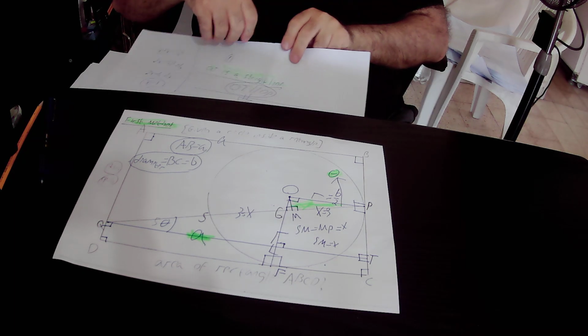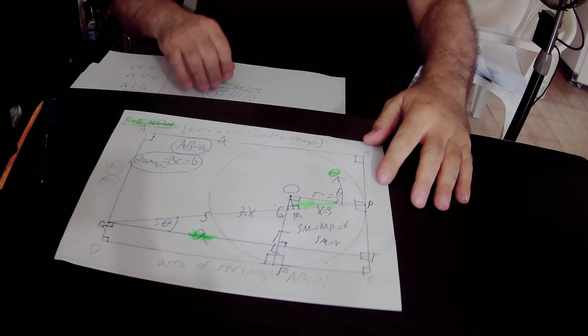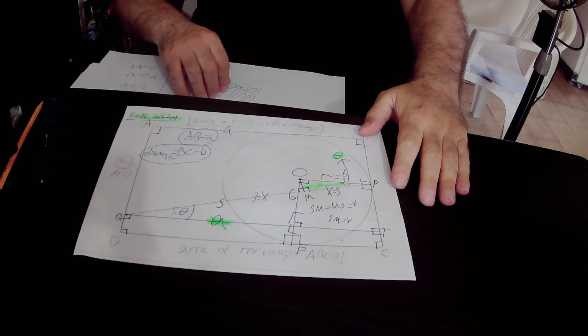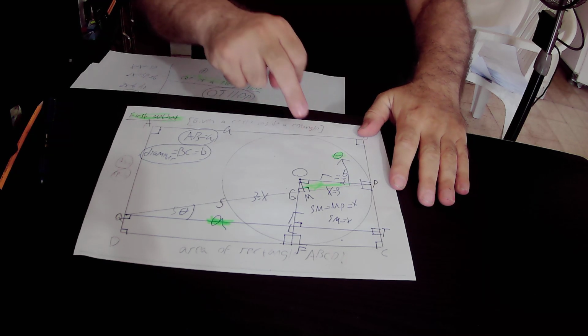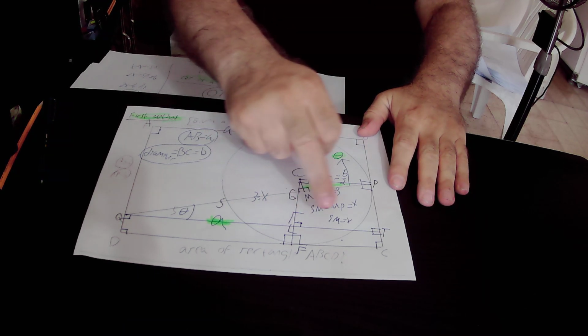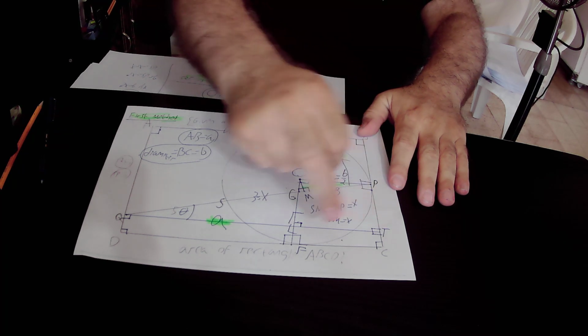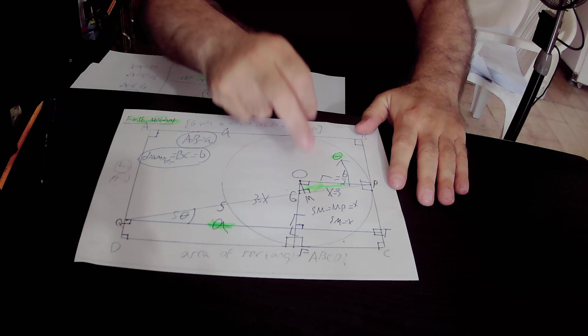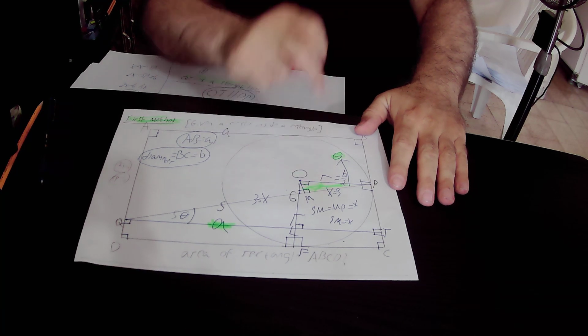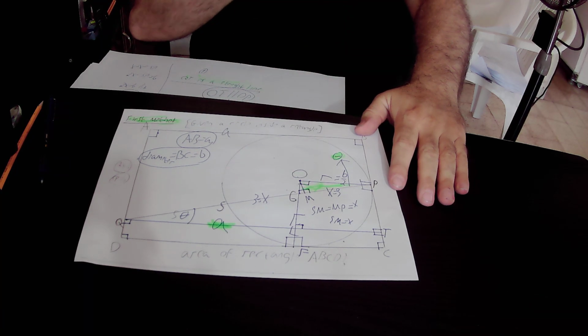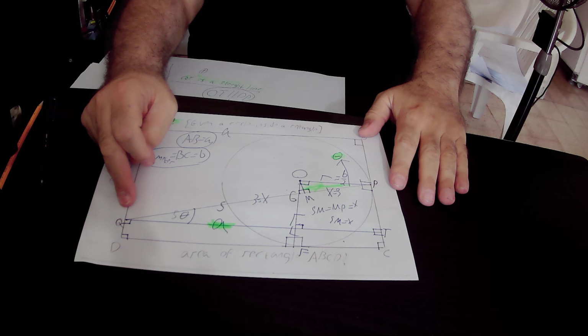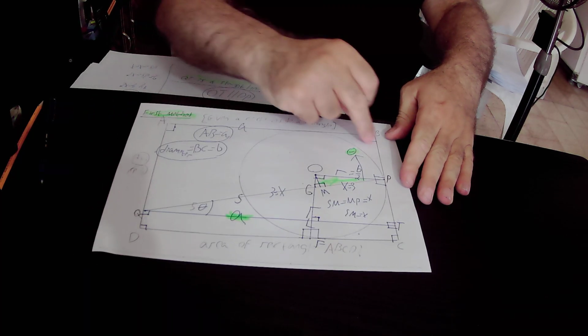Then here we have quadrilateral OPFC. In quadrilateral OPFC we have 1, 2, 3 right angles, therefore the fourth angle must be equal to 90 degrees. This angle must be equal to 90 degrees. Then from point Q we draw a perpendicular on BC.